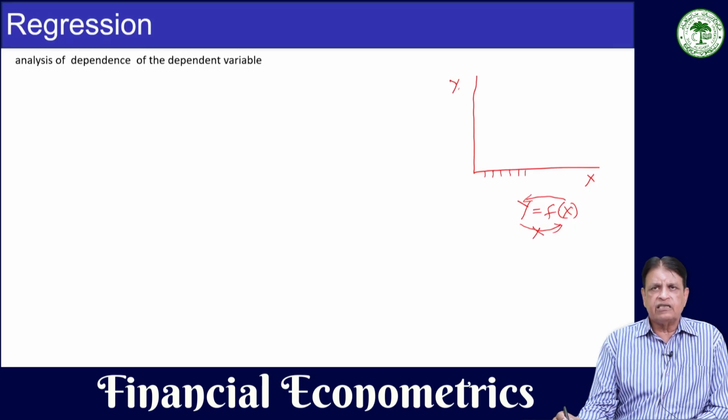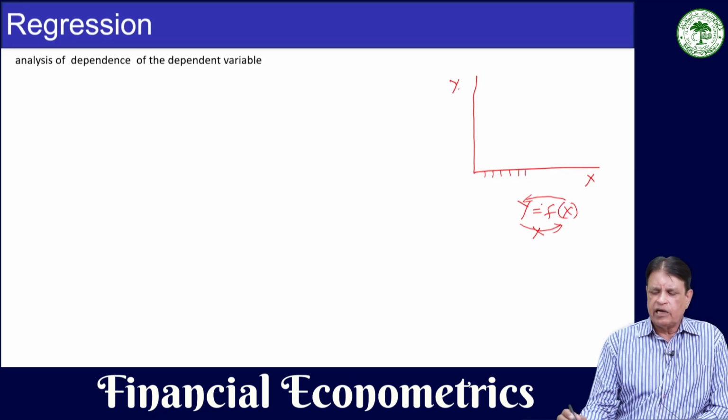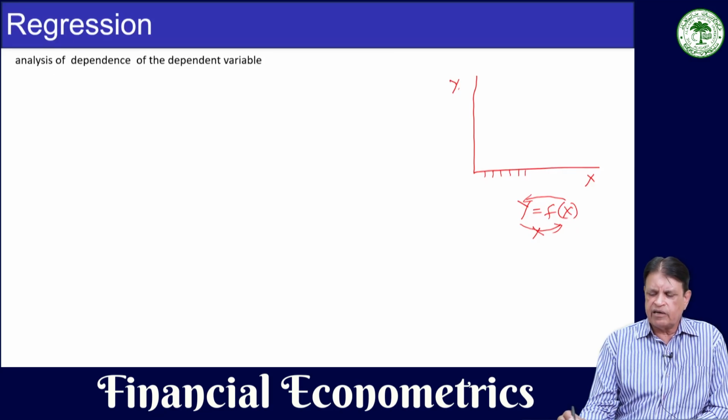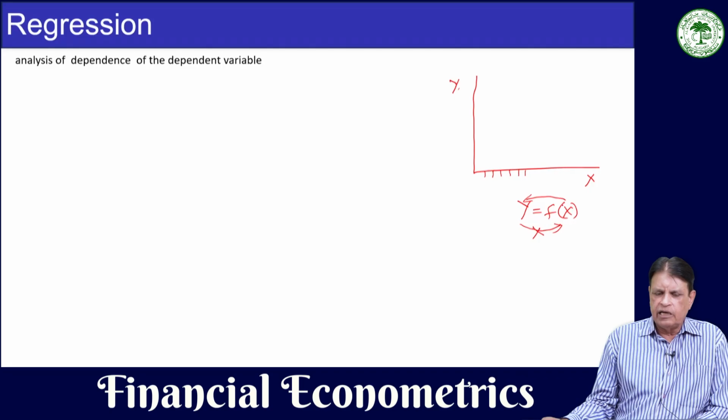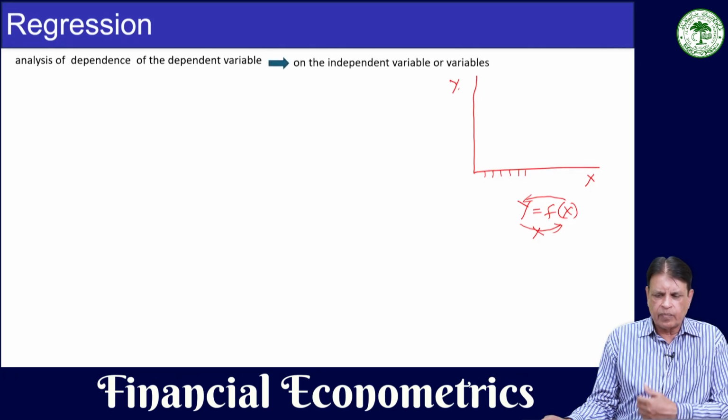So x here is the independent variable; its values are given, and they cannot be adjusted or changed. Now corresponding to these values of the independent variable, we have to find the values of the dependent variable, and that's why this variable is the dependent variable and this variable is the independent variable.